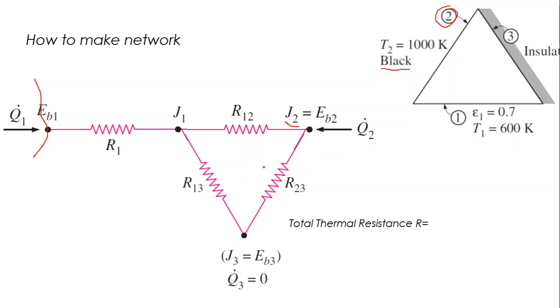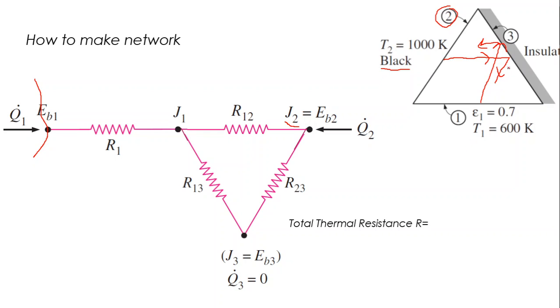Now to find out space resistance between surface 1 and surface 3, and surface 2 and surface 3. Why are we finding out space resistance? Because obviously we can see here, there is a space between 2 and 3, and there is a space between 1 and 3. So there will be some heat transferred from 1 to 3 that is getting reflected and going back to surface 2, and the same way some heat is getting transferred from 2 to 3, getting reflected and going back to surface 1.